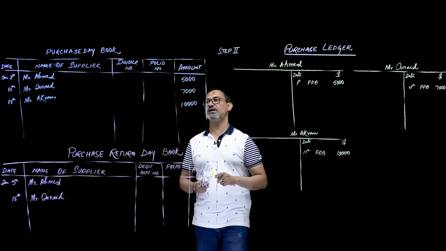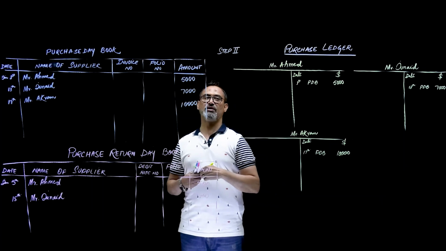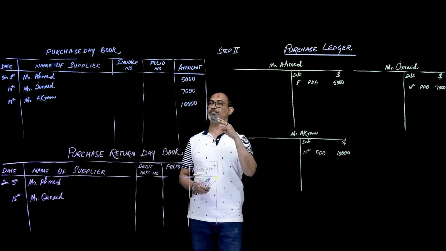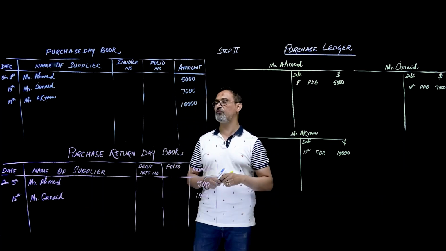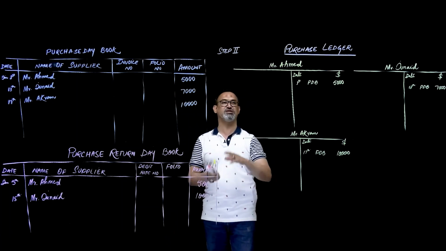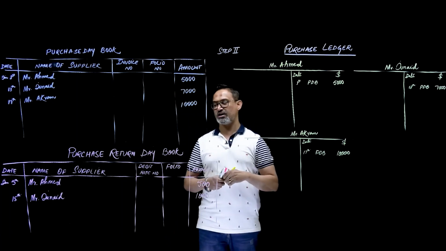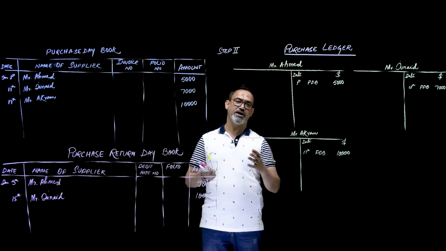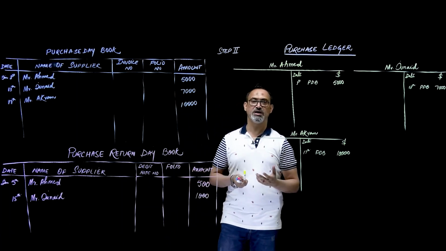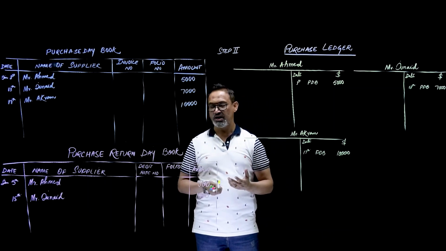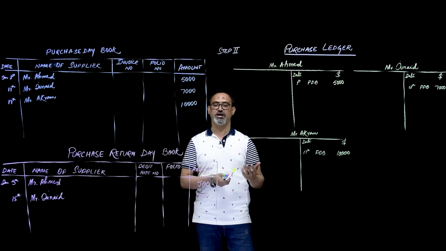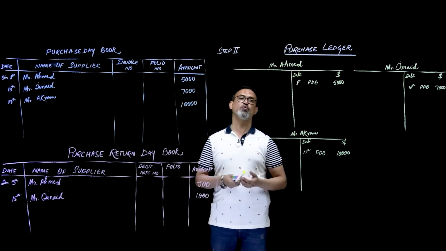Now we have to complete all the purchase day book entries, posting all the entries of the purchase day book. Now we have to move forward and post all the entries of the purchase return day book in the relevant accounts. What is the double entry for the purchase return day book? It is accounts payable debit and purchase return credit, or you can say return outward credit.